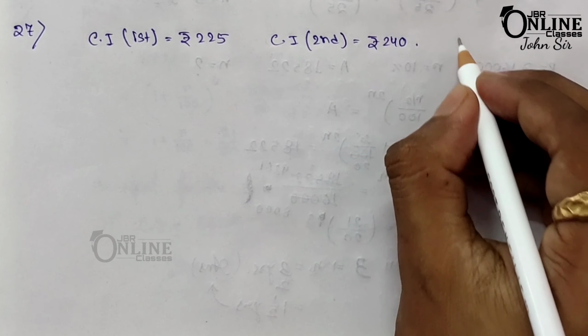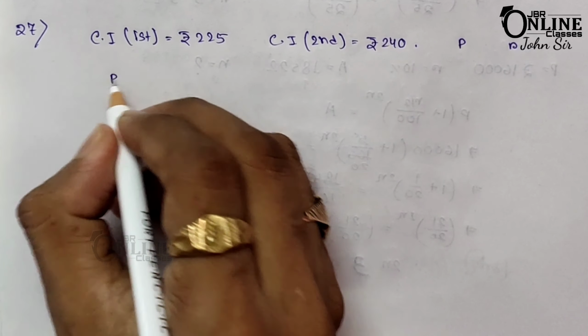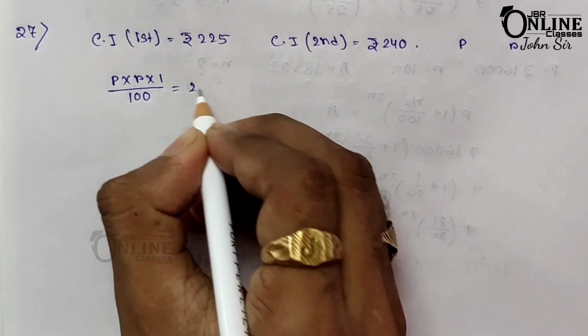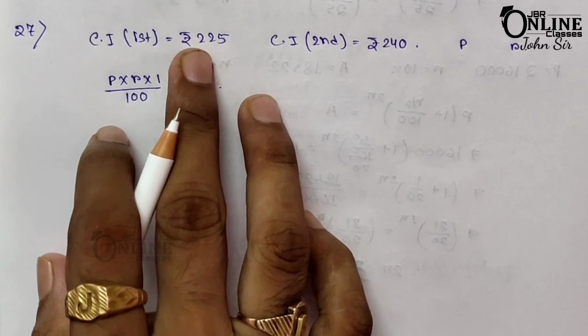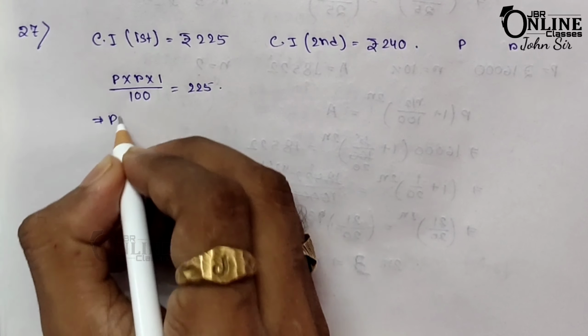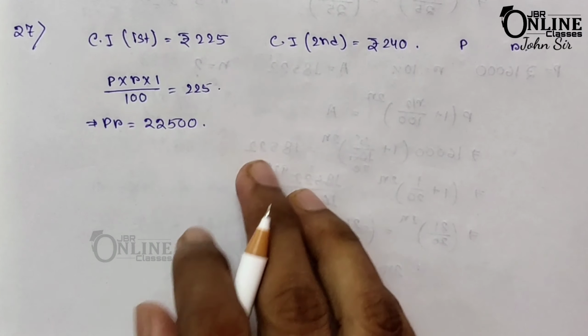So let the principal be P and rate of interest equal to r. So P into r into 1 by 100 equals 225, because 225 is the interest for the first year. From that, PR equals 22500.